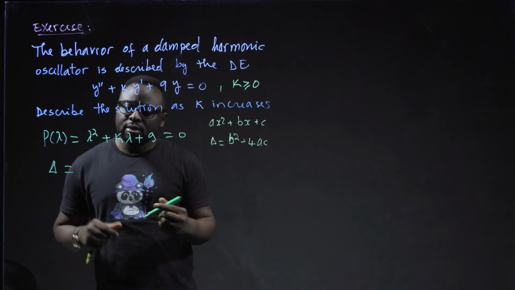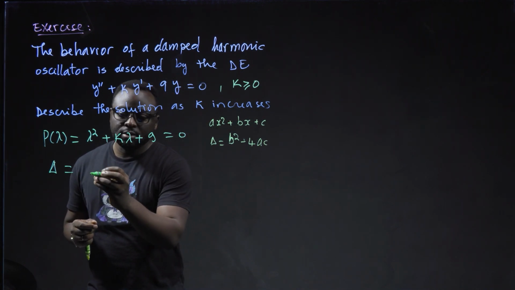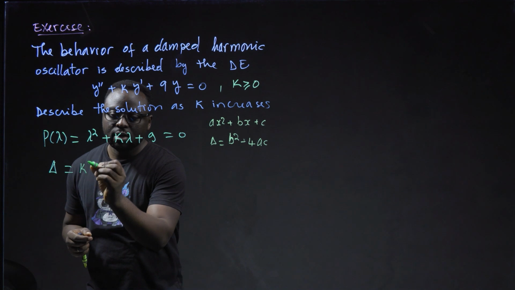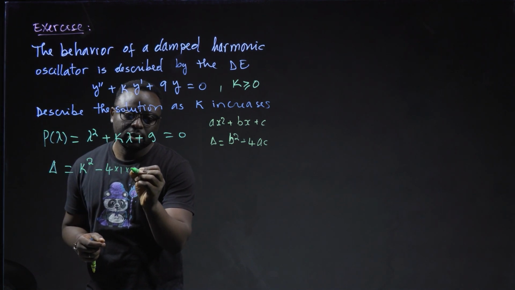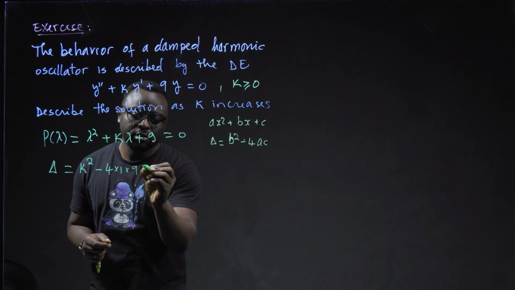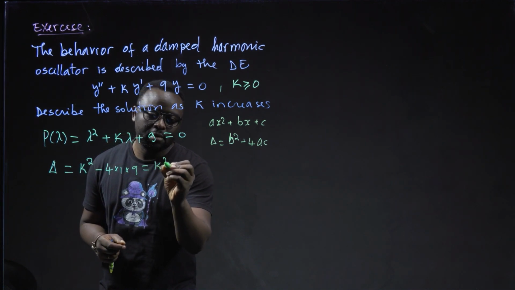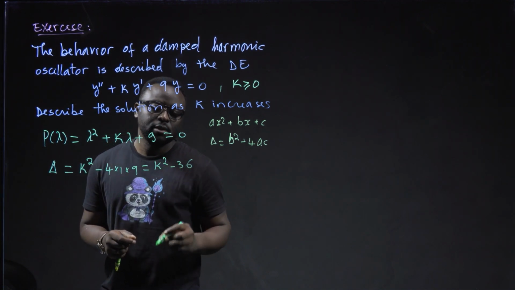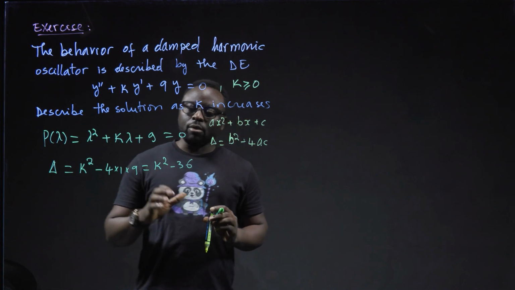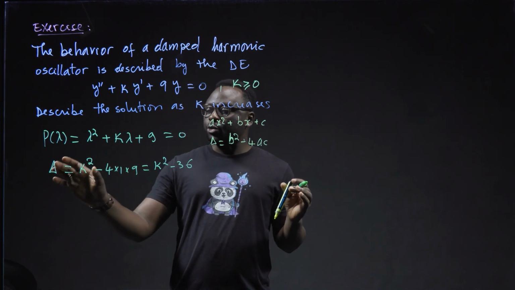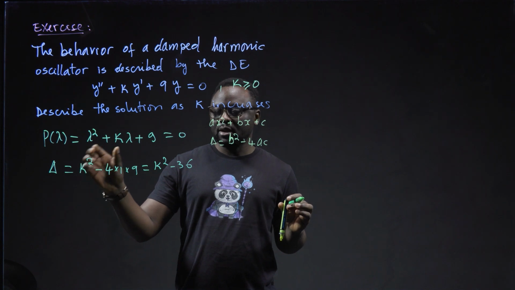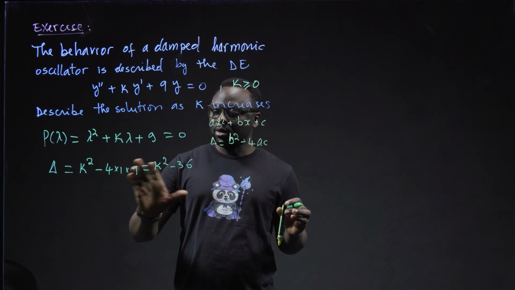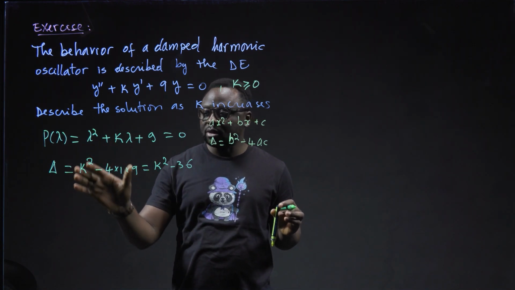So in this case, the discriminant is k squared minus 4 times 1 times 9, so this is k squared minus 36. Now, remember that we generally treat this depending on whether the discriminant is positive, negative, or 0. So let's go through all the possibilities.